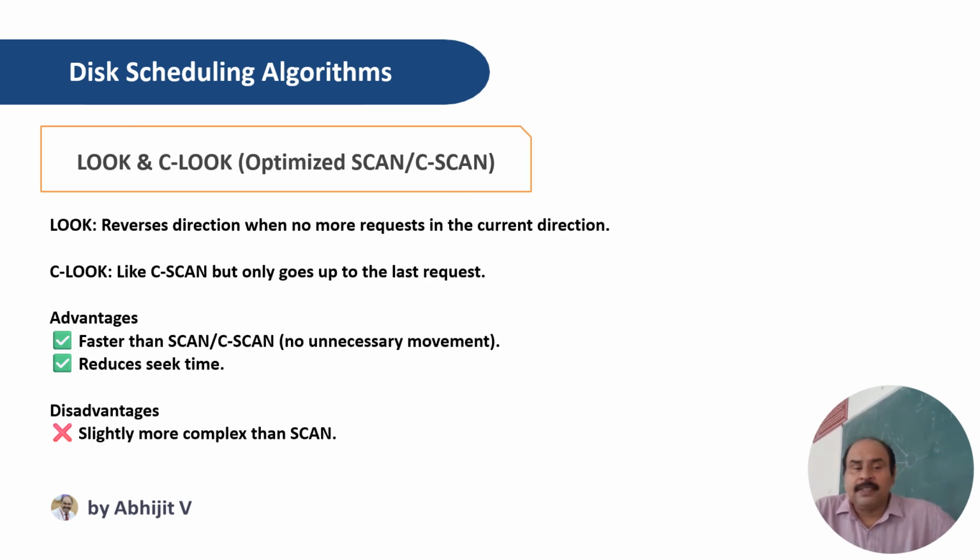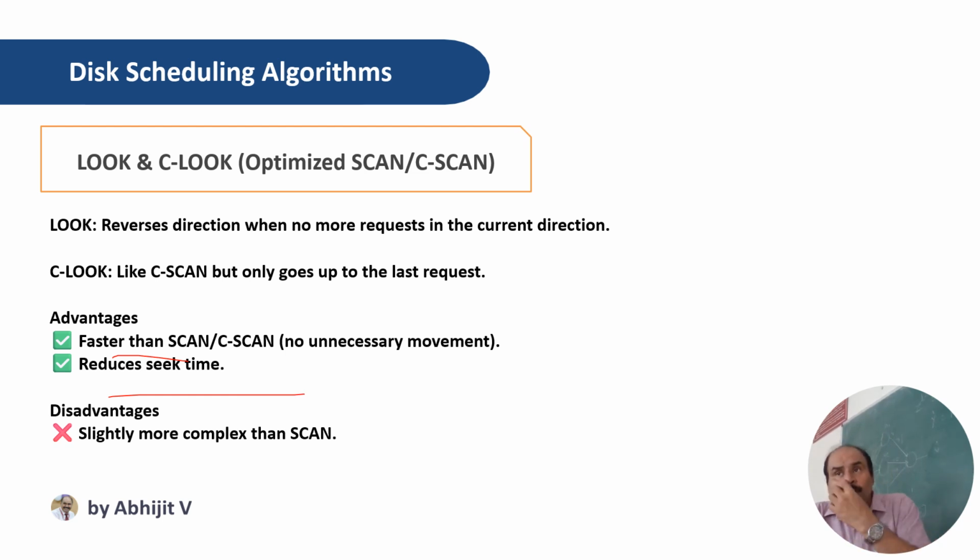The next and the last type of scheduling algorithm that we are going to study today is called LOOK and C-LOOK. LOOK is an optimized scan algorithm. When you compare this with the previous ones, it has much less seek time.